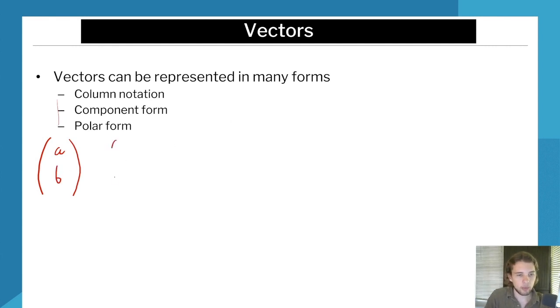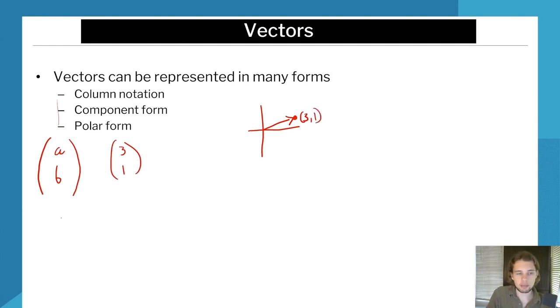For example, we could say 3, 1. Then if we were to plot this on a plane from the origin, it probably looks something like this, because it points towards the position (3, 1) on this plane.